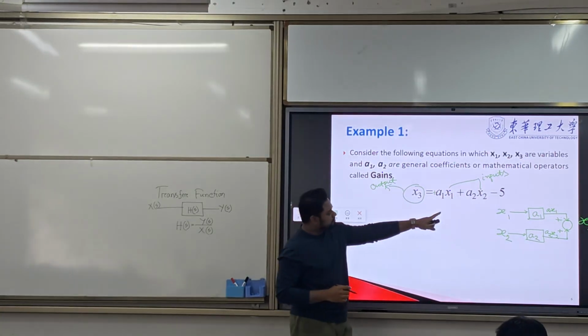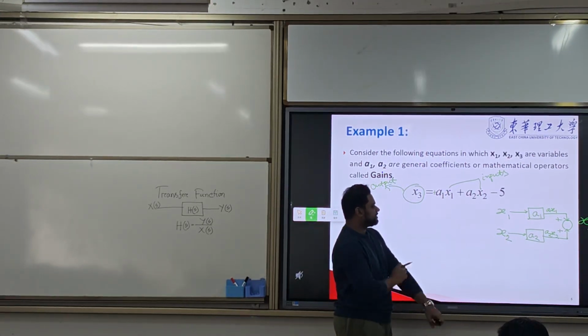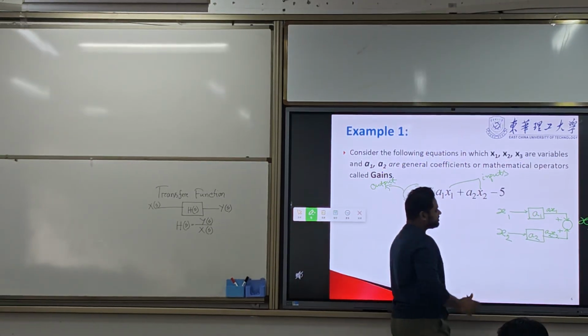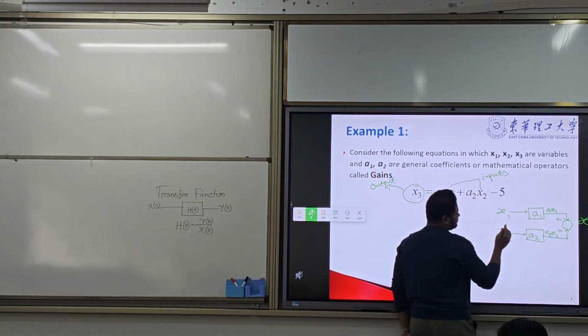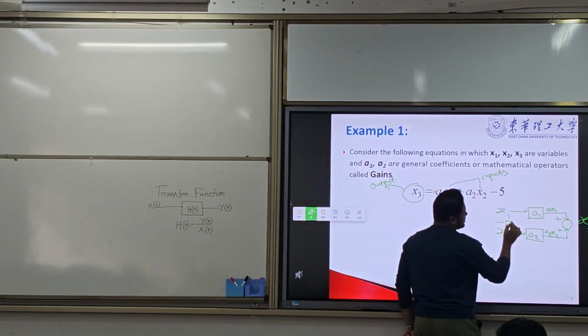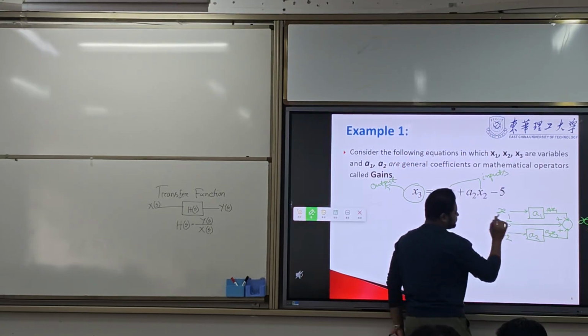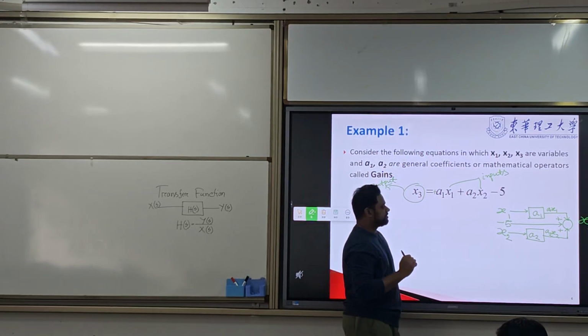But we have one more, minus 5, right? So minus 5, how do you write it? You can write this minus 5 like this. You can write it here or here. Because this is just a constant value, minus 5, so you just keep it like that.